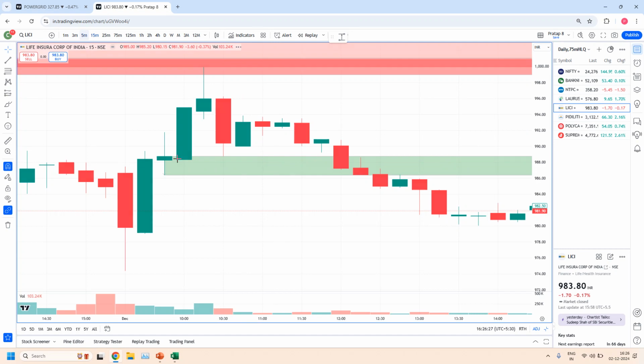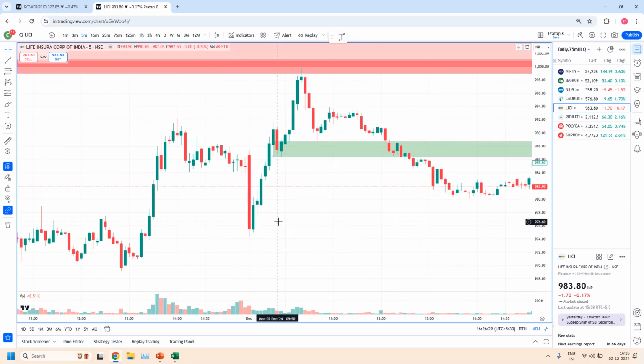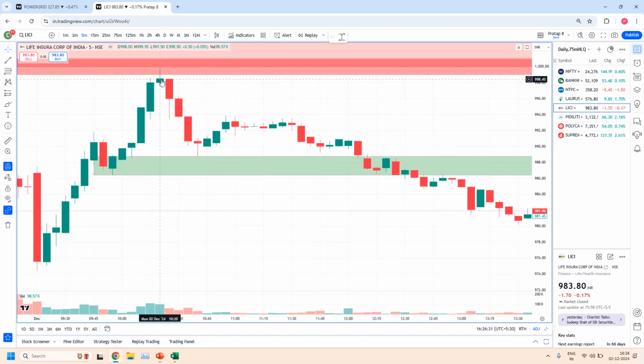Okay, let's go to the 5 minutes time frame, you get better clarity. So today morning at the 10:20 candle, it reached this fine-tuned zone. And then sharply, continuously, it came down and reached the target. After that, this 15 minute zone is violated, that is a different story. But it reached at the 10:40, 5 minutes candle.